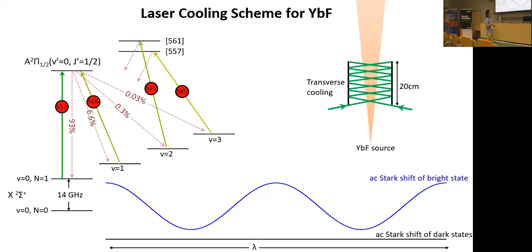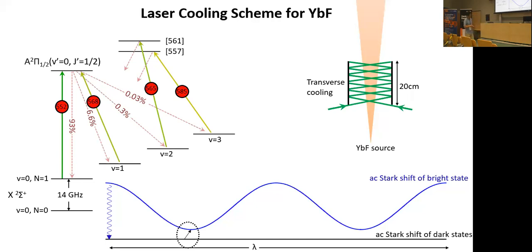This AC Stark shift is modulated in space because if the two counterpropagating laser beams have the same polarization, then due to the interference, it's modulated like this. If the molecule is in the bright state, it can scatter photons, and then it can be pumped to the dark state. If a magnetic field is applied, then these dark states can get back into the bright state through Larmor precession.